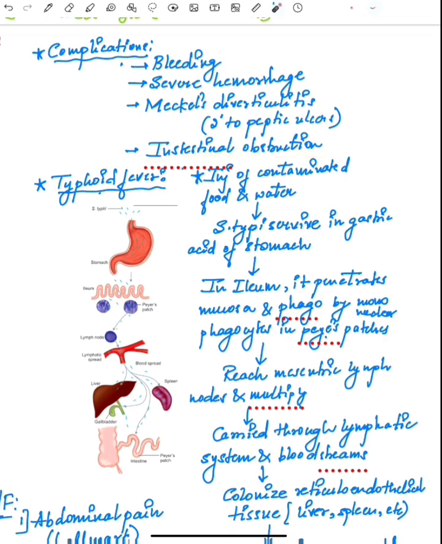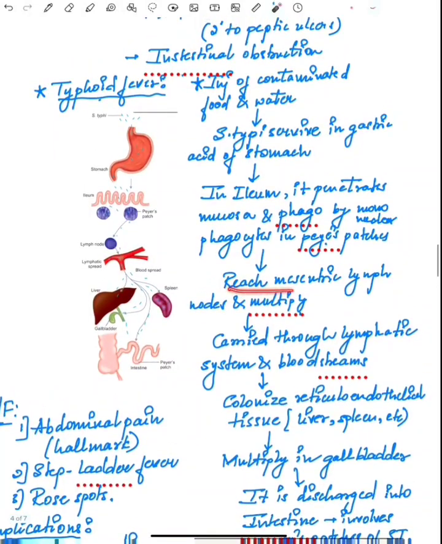Now, the next important part is typhoid fever. Typhoid fever is due to ingestion of contaminated food and water. It is mainly due to Salmonella typhi, which survives in the gastric acid of the stomach. Then in the ileum, it penetrates the mucosa and is phagocytized by mononuclear phagocytes in the Peyer's patches.